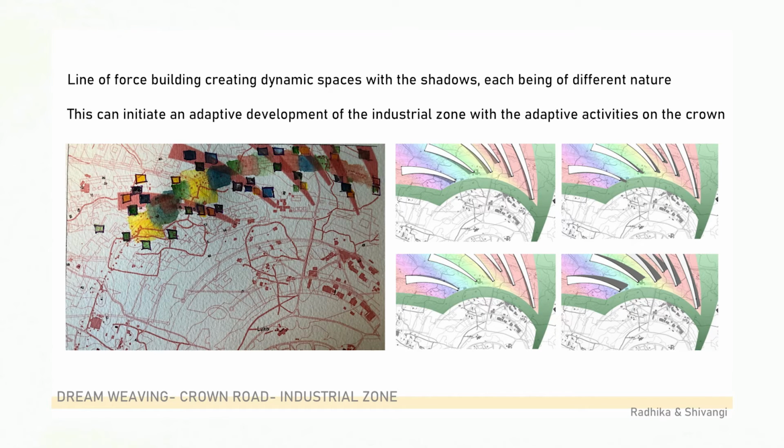When we started looking at the crown and industrial zone a little more in detail, we see that there are so many intersections, line of forces, and radials, and how they intersect will actually create important spaces.